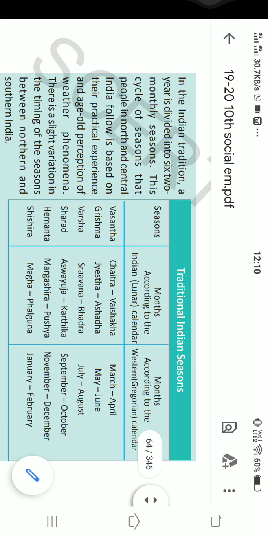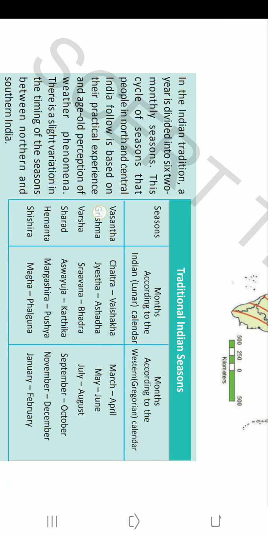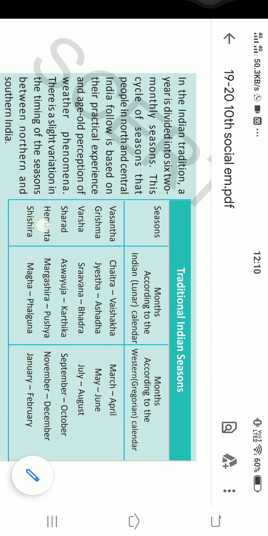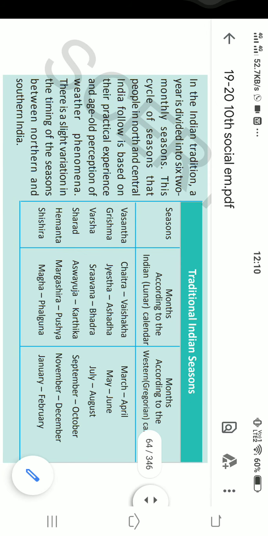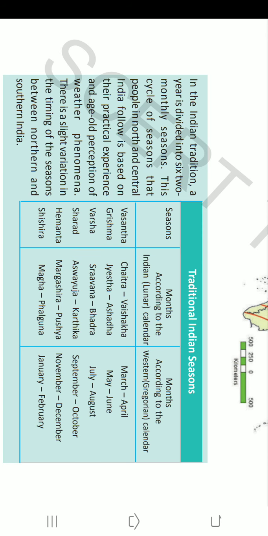We have 6 seasons: Vasantam, Grishmam, Varsha, Sharat, Hemant, Shishira. Understand? According to Indian tradition, the year is divided into 6 two-monthly seasons. It means in every season we find 2 months. Chaitra and Vaishaka come in the Vasanta season.